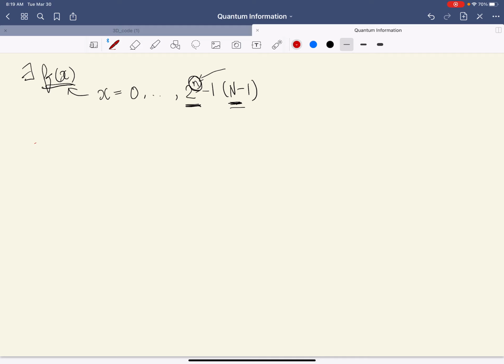So first of all, what is QIT? Well, the definition of a quantum integral transform is this thing.